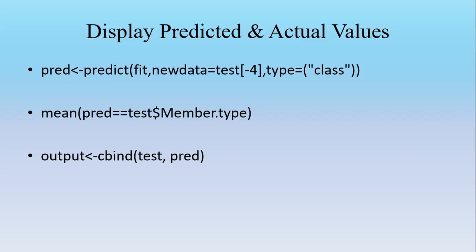So here the object we are using is fit. What does it say? Fitted model objects of the class rpart. This is assumed to be the result of some function that produces an object with the named components as returned by the rpart function.